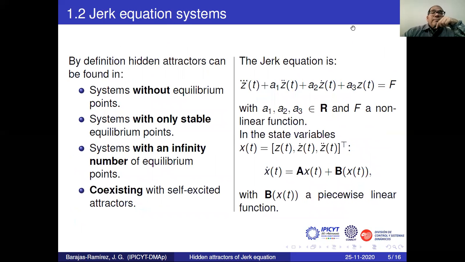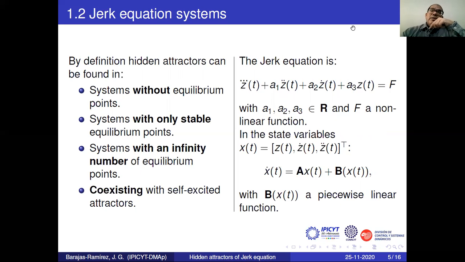By definition, hidden attractors can be found in systems without equilibrium points, systems with only stable equilibrium points, and systems with an infinity of equilibrium points. Finally, the most common version of hidden attractors are the ones that coexist with self-excited attractors.